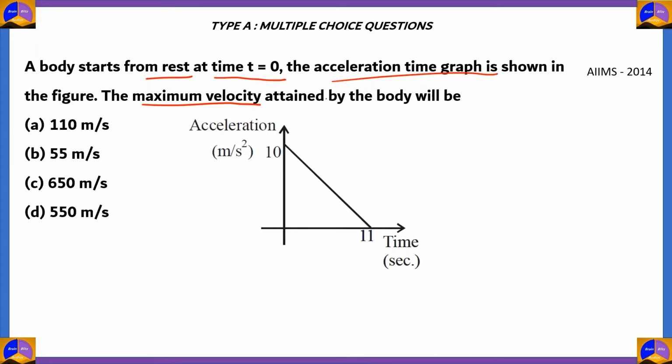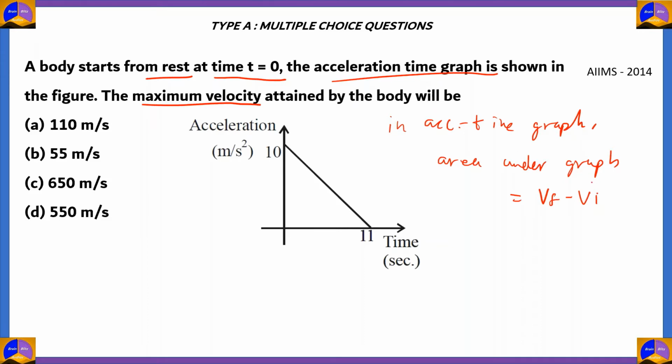Over here, we know that the graph given is an acceleration time graph. So in an acceleration time graph, the area given under the graph is equal to Vf minus Vi, final velocity minus initial velocity.